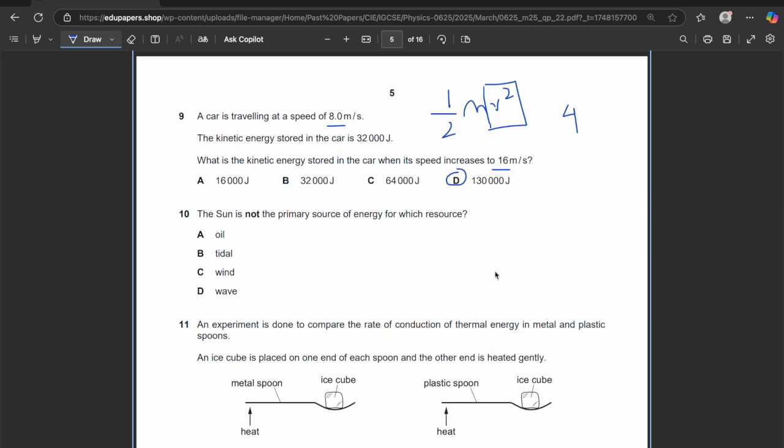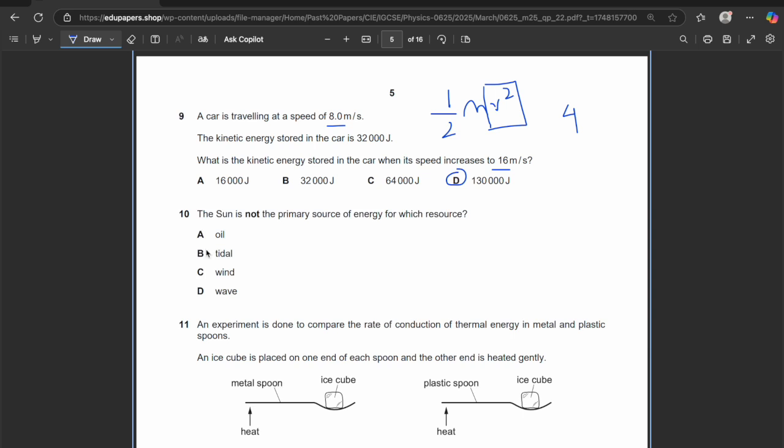10. The sun is not the primary source of energy for which source? A. Coal. We get coal from the fossils of plants and animals, and the primary source of energy for them is the sun.